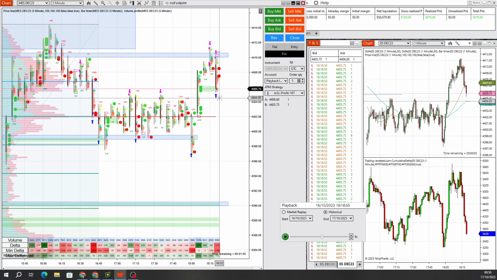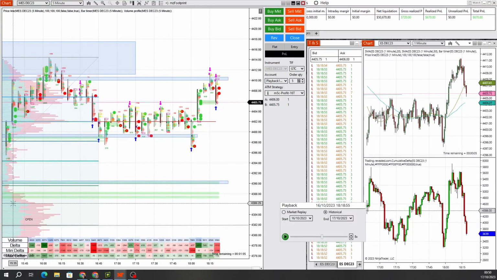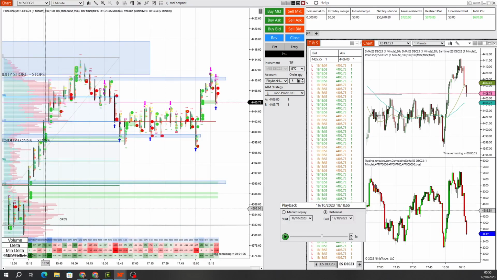Meaning, either we're just gonna drop into this balance and trade here, and then we're gonna go up again, or they can just drop into another volume profile.